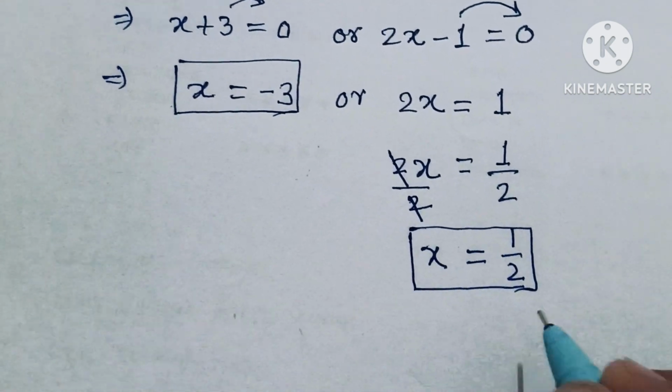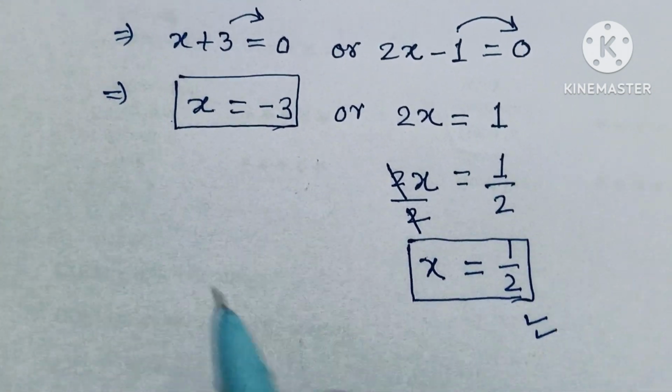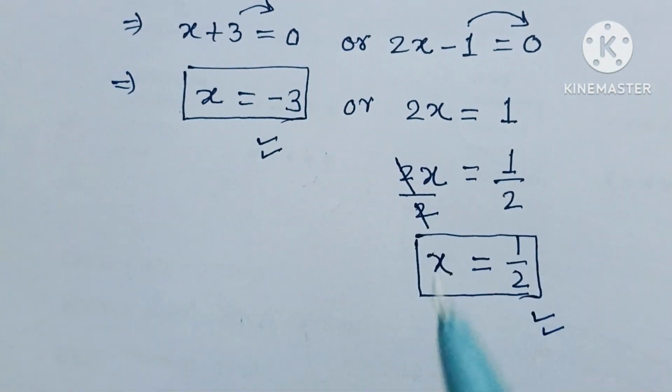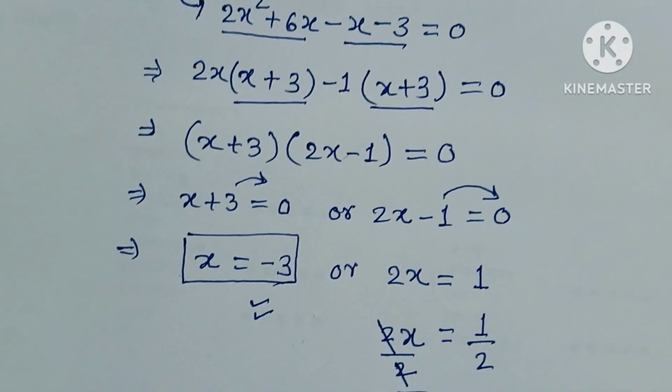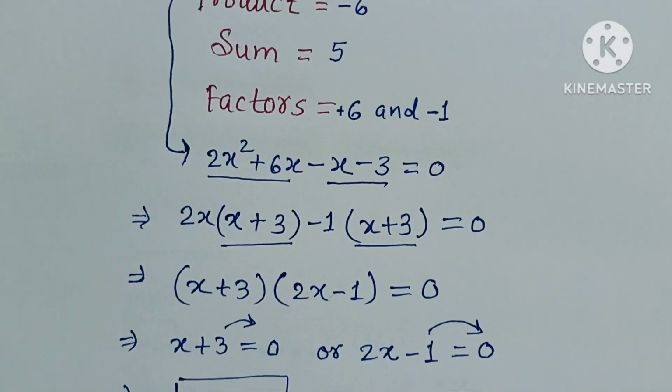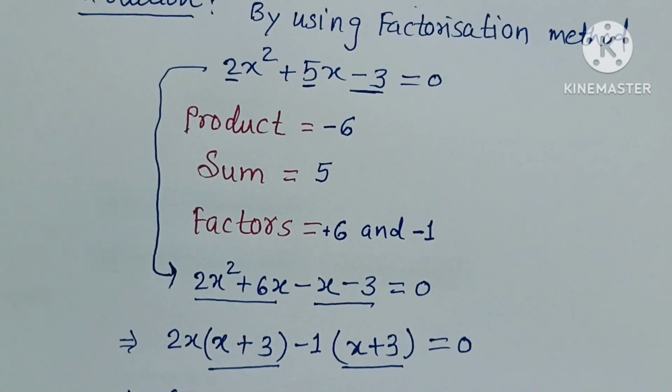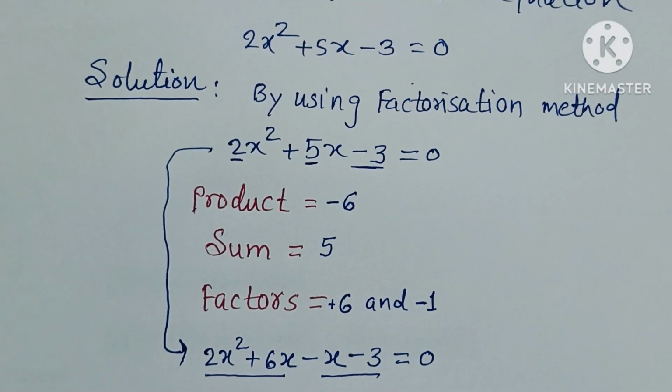Now see here, the quadratic equation has two values. The highest power of a quadratic equation is 2, so it has two values.